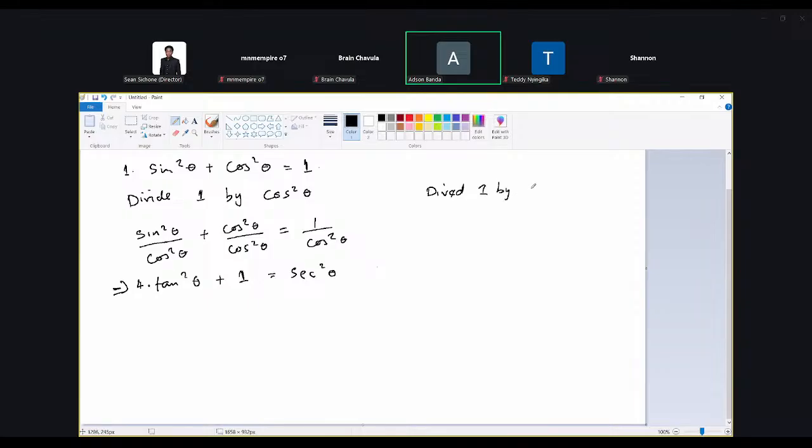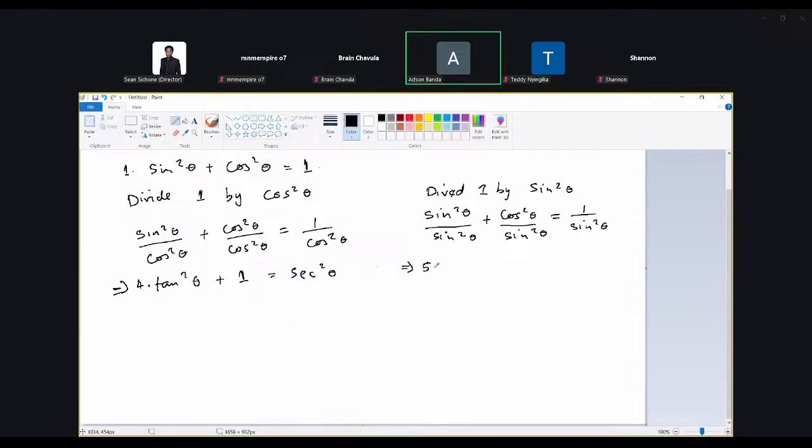If we go ahead and divide the first identity by sine squared theta, what we get is the following. You have sine squared theta divided by sine squared theta, and then plus cos squared theta divided by sine squared theta. This is equal to 1 over sine squared theta. So again, by dividing the first identity, that's what we are going to get.